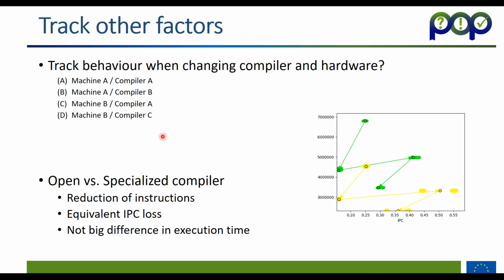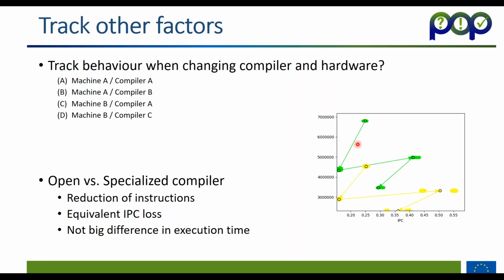The comment is that one can track the evolution of this in this space when increasing core count, but there are many other changes that can be tracked. For example, what happens if we increase problem size, or we had an example here of what happens if we change compilers or we change machine for the same code.